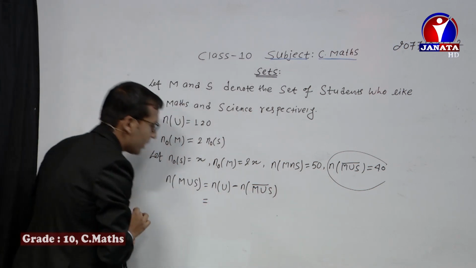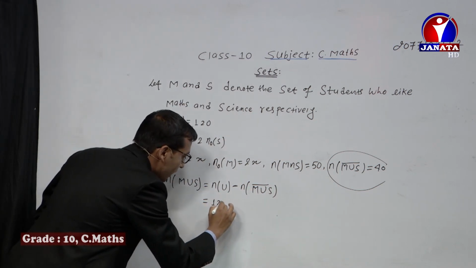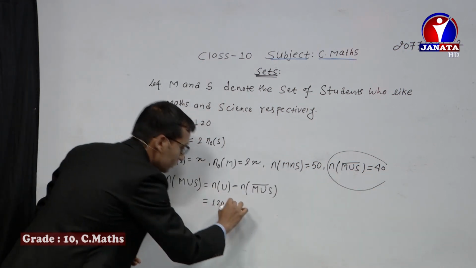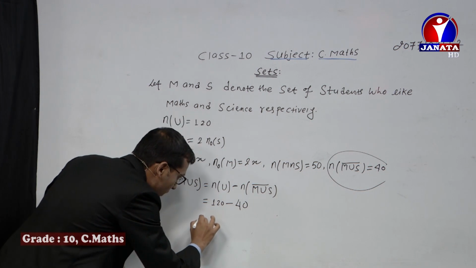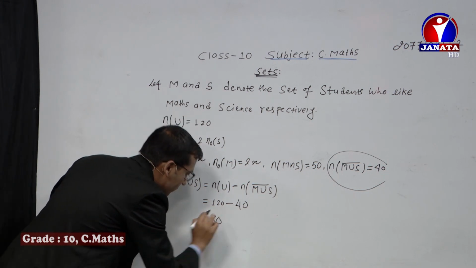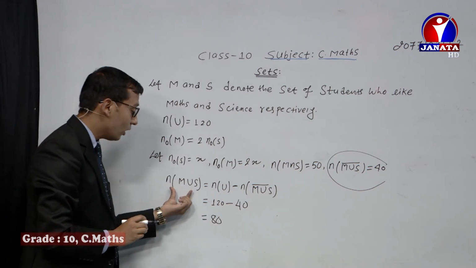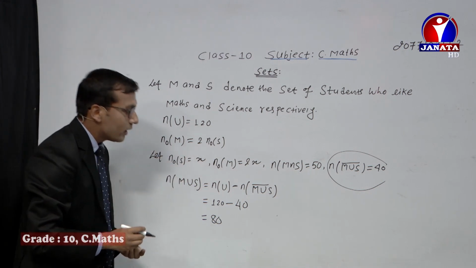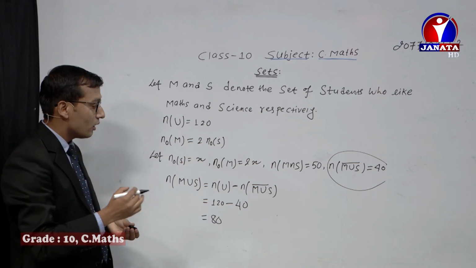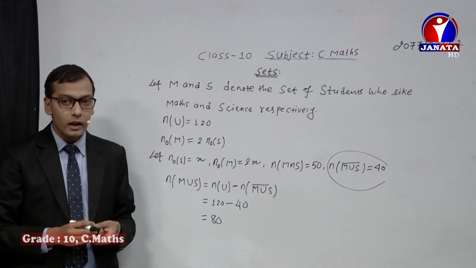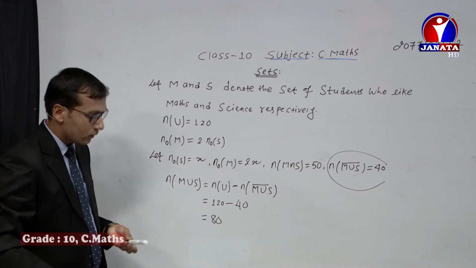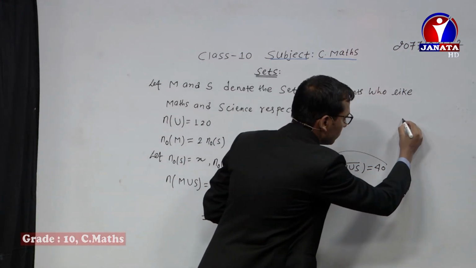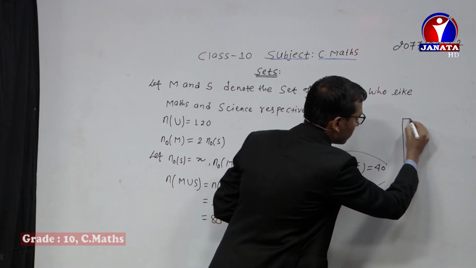What is n of U? 120 minus, what is the complement? It's 40. So 120 minus 40 is 80. So n of M union S is 80. Now we can represent this information in a Venn diagram and solve for x. For that, let me draw a diagram at the side.